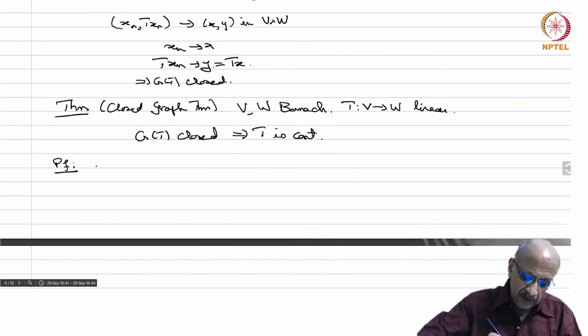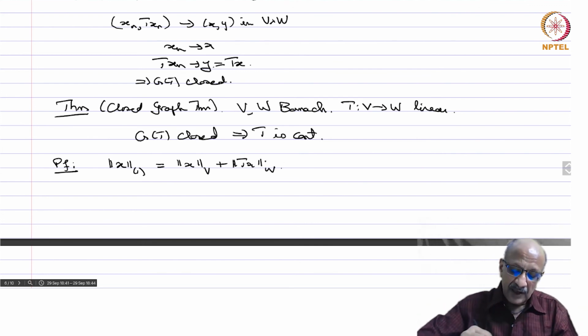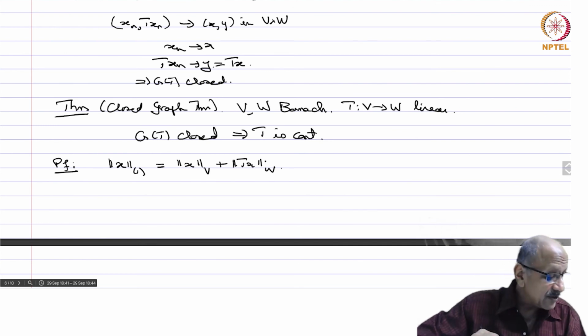So let us define norm x1 equals norm x in V plus norm Tx in W. Okay, this is trivially a norm that you can check without any problem, so I will leave that checking for you.